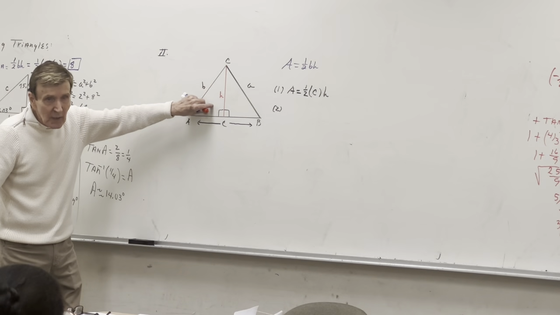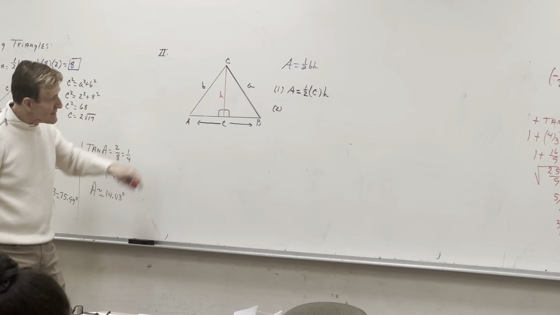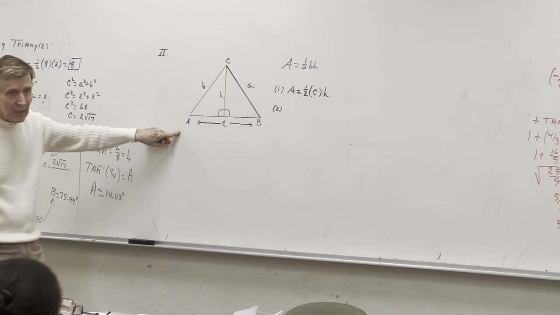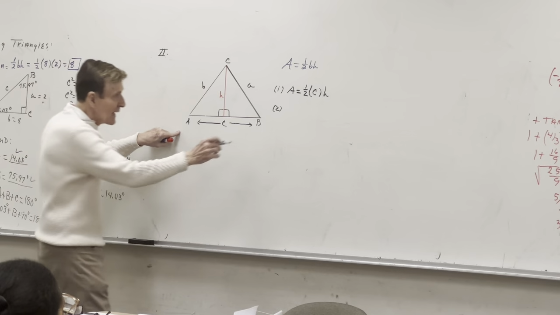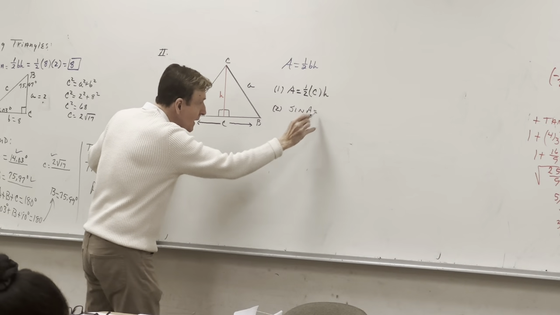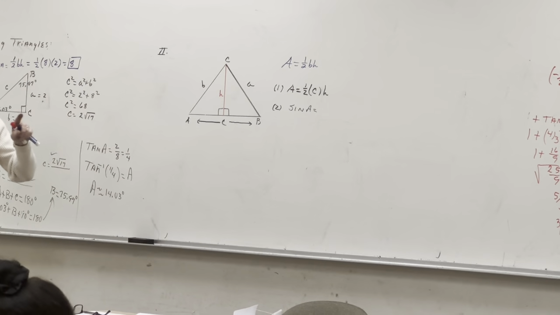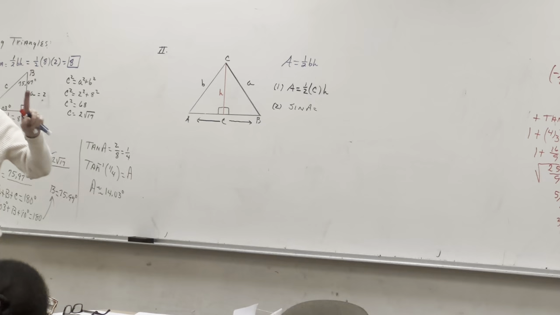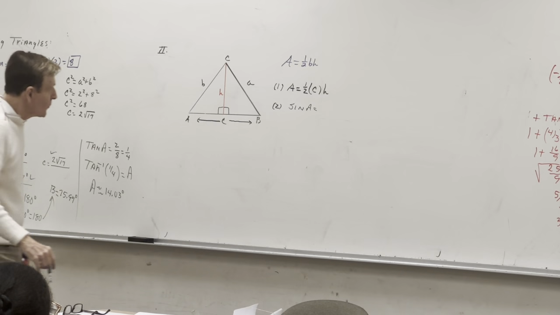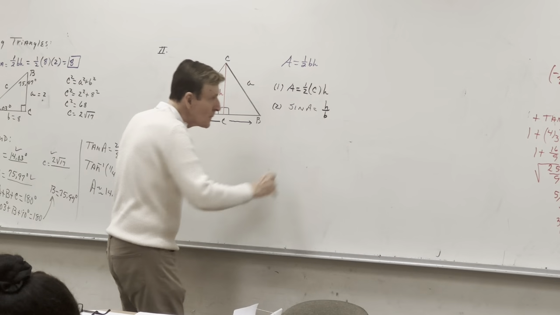Can anyone express for me the sine of angle A? Here's angle A right here. In the triangle on the left, knowing sine is opposite over hypotenuse, it's H over B. Everyone agree?